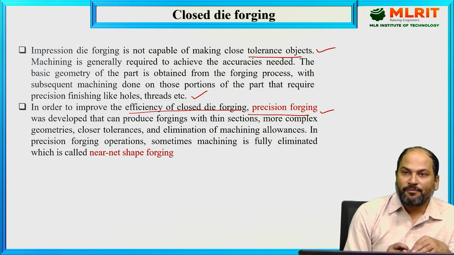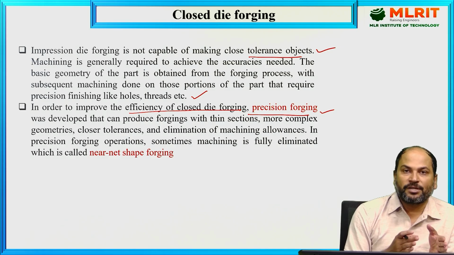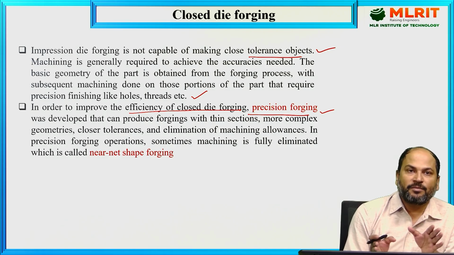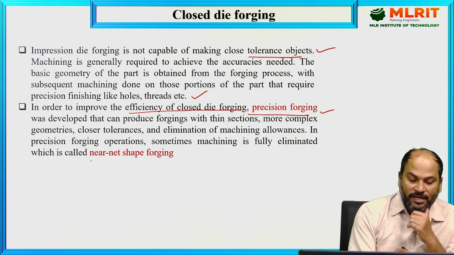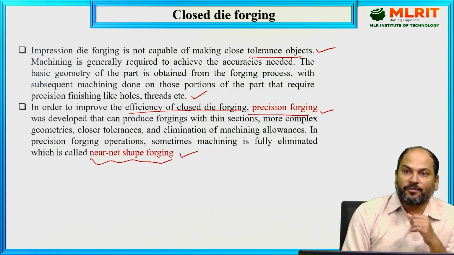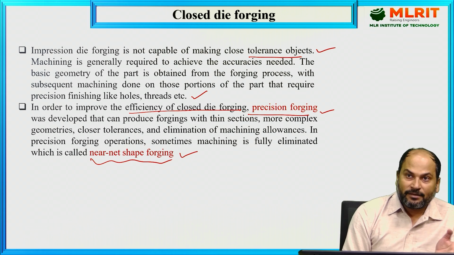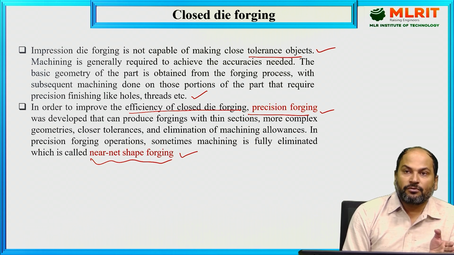Meaning single pass, you don't need to do the secondary operation. In a single pass, the part will be completed, and the product will be near net shape forming. So here there will be no requirement of secondary operations like machining.